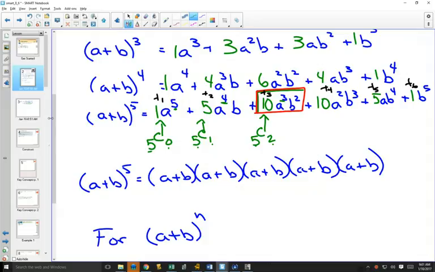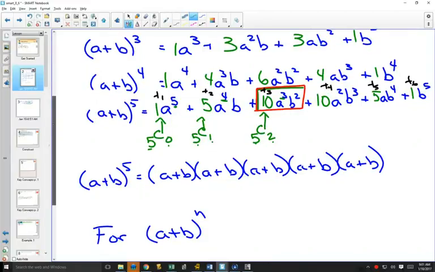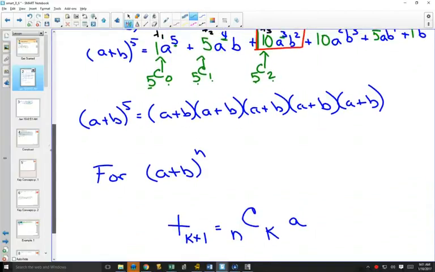So look at n and k. For the first one, we have a 5. N is 5, k is 0. For the second one, we have a 4. N is 5, k is 1. For the third one, we have a cubed. N is 5, k is 2. So when we go to our formula, what are we going to write for the exponent for a?